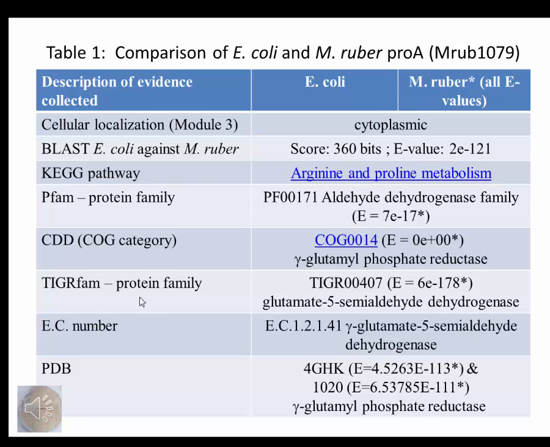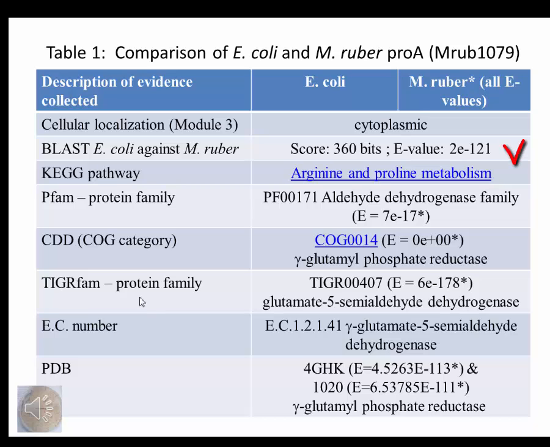Both E. coli and Meiothermus ruber are predicted to be localized to the cytoplasm. We tested this through Module 3. SignalP, TMHMM, LipoP, all those things clearly said cytoplasm for both. And we'd expect that because proline production in other organisms is localized to the cytoplasm.